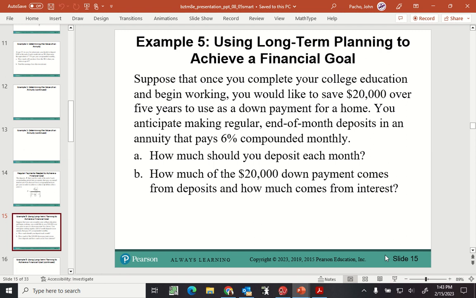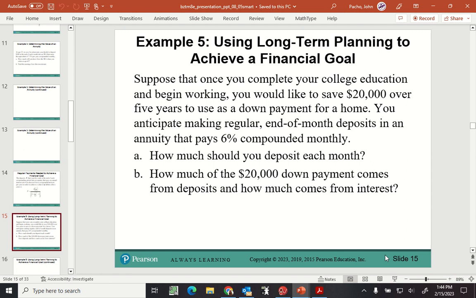Now, that's how much money you put in, but my future value is 20,000, right? Very good. So to figure out my interest, I would take my future value minus my deposits. That's how much money I put in.